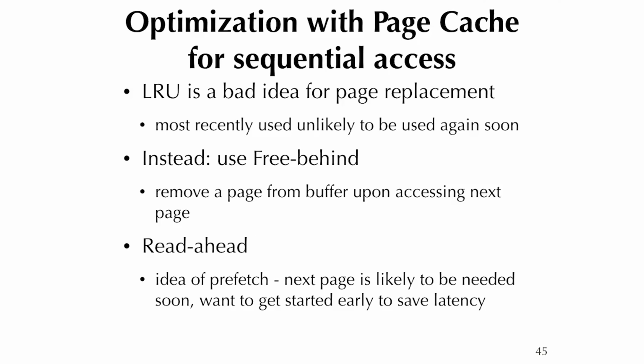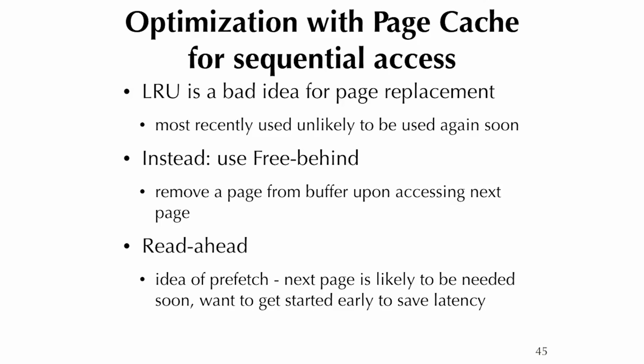And if you do LRU replacement, then it only kicks out least recently used. Whereas the more recently used, according to the sequential access pattern, you're probably not going to use again anytime soon. So replacing the more recent ones may actually be a better idea.